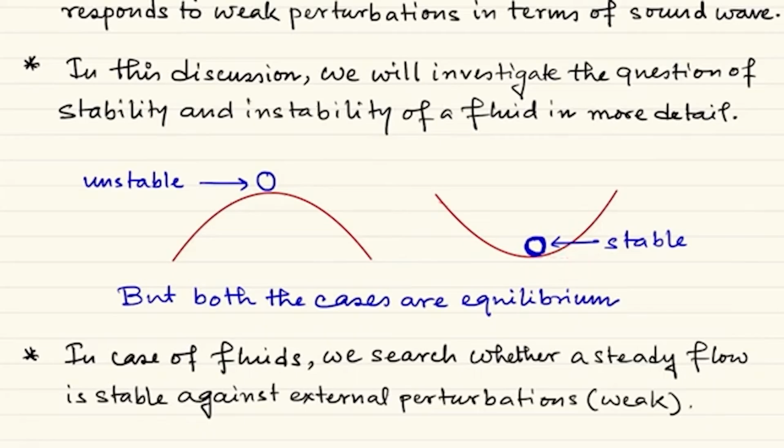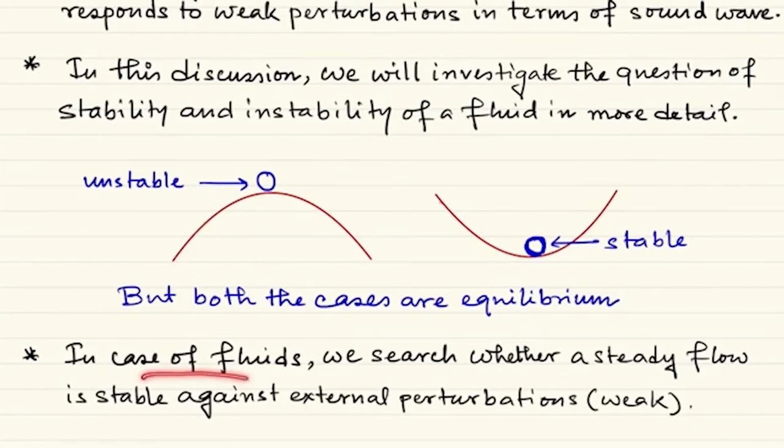However, in the other case, if you perturb the particle a bit, very weakly, it will go farther from its original position. So this is the concept of stable and unstable equilibrium: whether the particle after a weak perturbation would try to fight against the perturbation or would support the perturbation. That distinguishes the stable from the unstable equilibrium case.